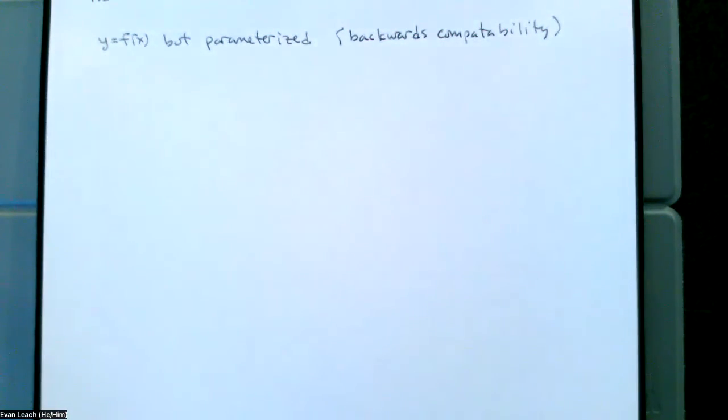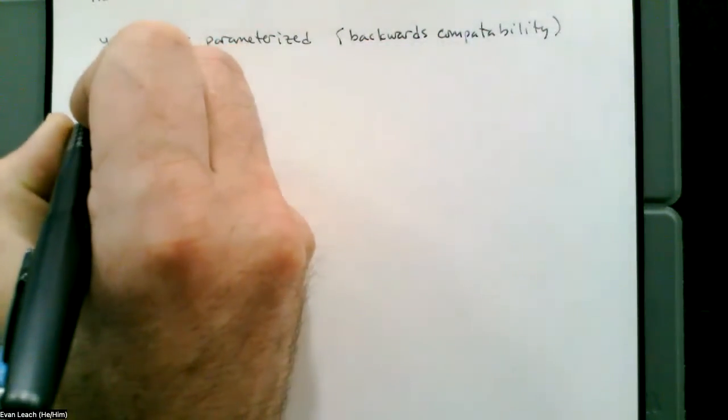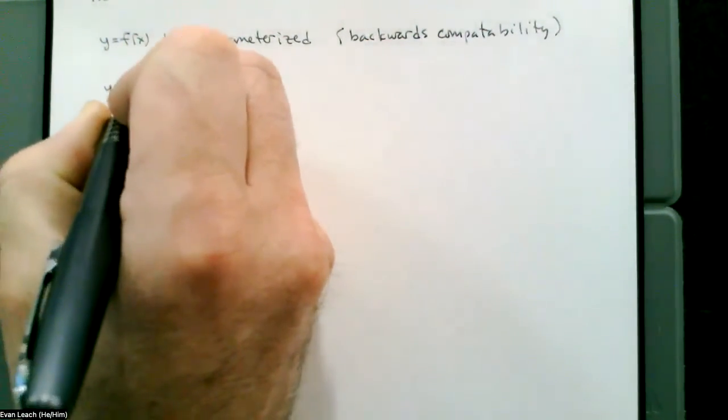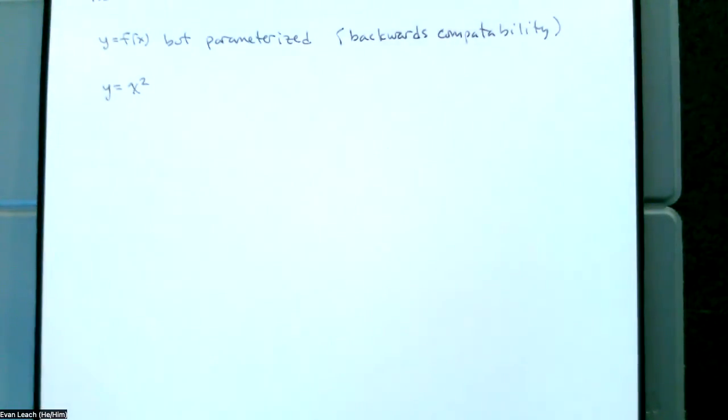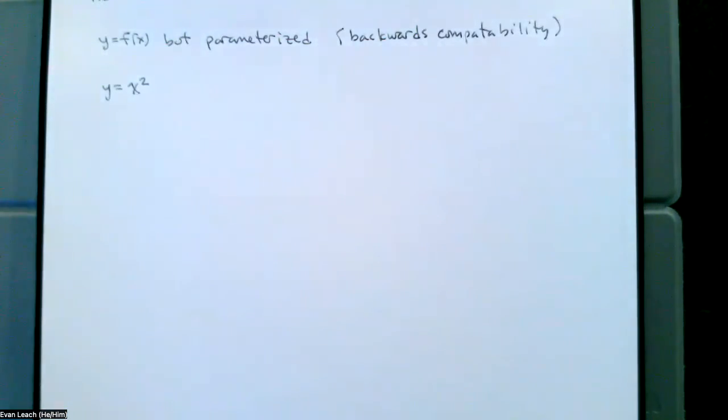So let's suppose that we have a function where y is a function of x. Something simple like y equals x squared. If y is already a function of x, producing this is easy, because we just take our independent variable and make it the parameter.